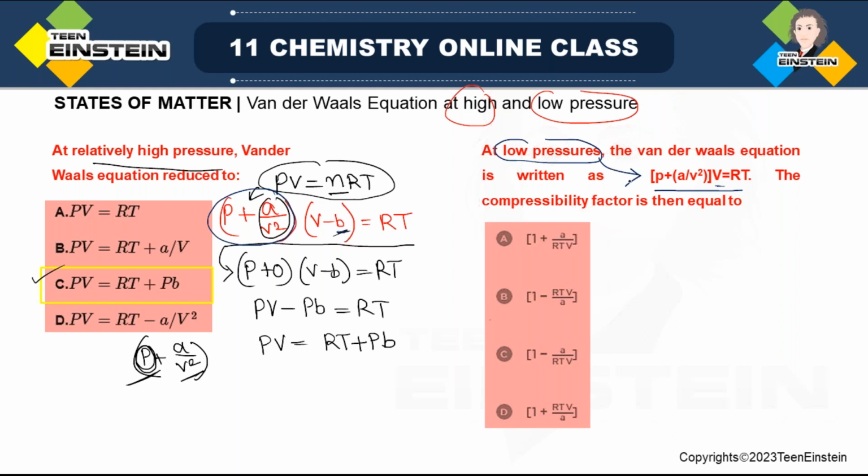So in summary, when it is low pressure, you can ignore the small b term, because what does small b mean? Small b means the volume occupied by the number of particles of the gas.